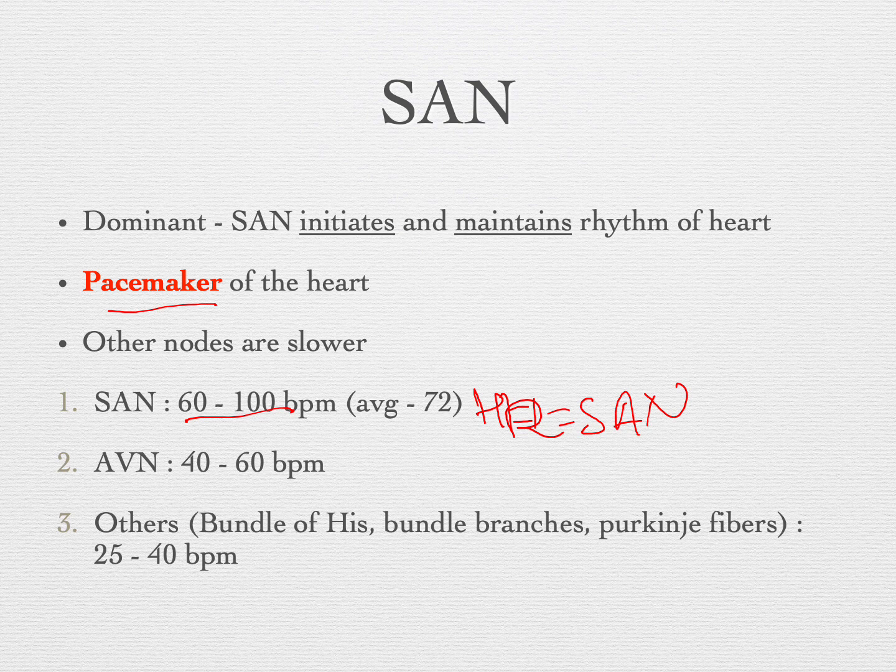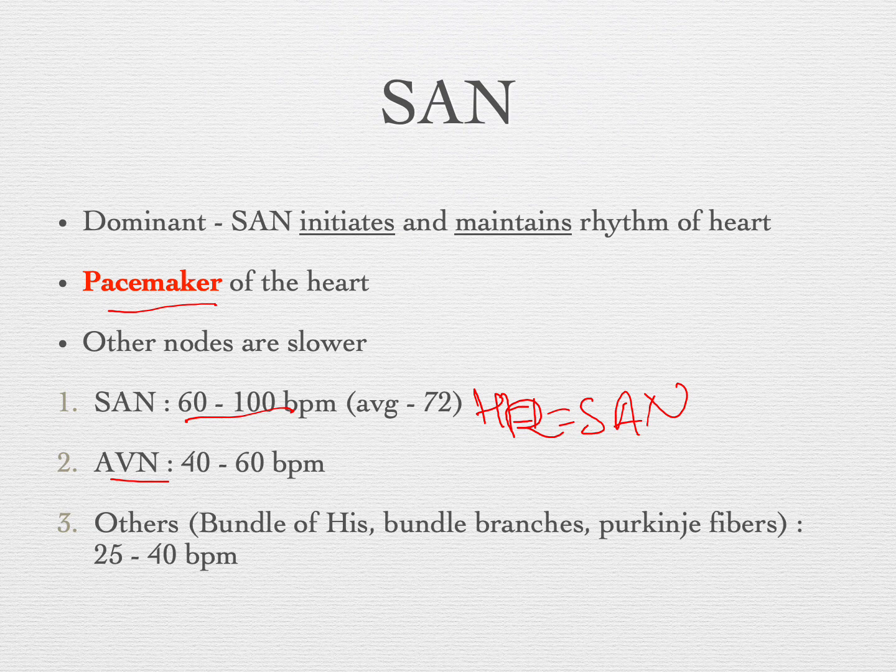Another key question that arises is, if the sinoatrial node is unable to function, what happens to the functioning of the heart and the heart rate? Now the heart has several adaptive features to maintain the functioning of the heart, and when this happens, the AV node replaces the sinoatrial node as the dominant pacemaker of the heart.